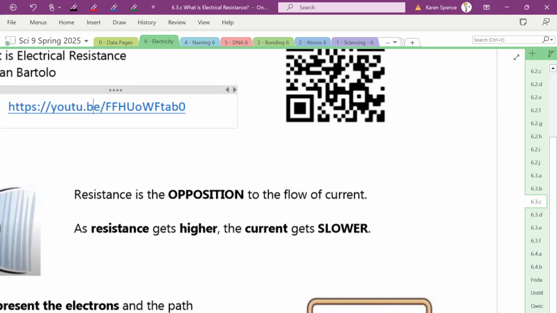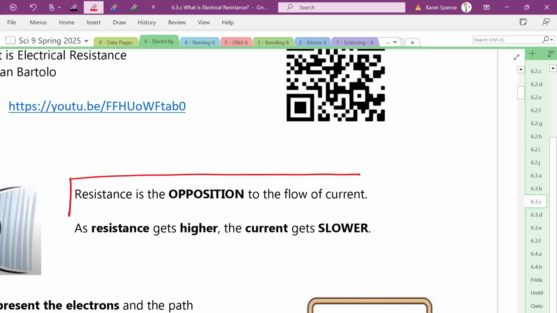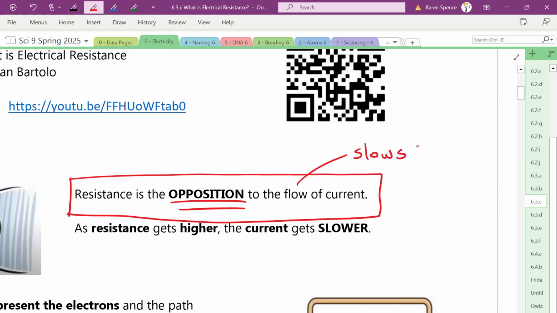So what is resistance? You should know this definition. Maybe a quiz on Thursday. Resistance is the opposition to the flow of current. It slows the current. It slows the flow. As resistance gets higher, current gets slower.